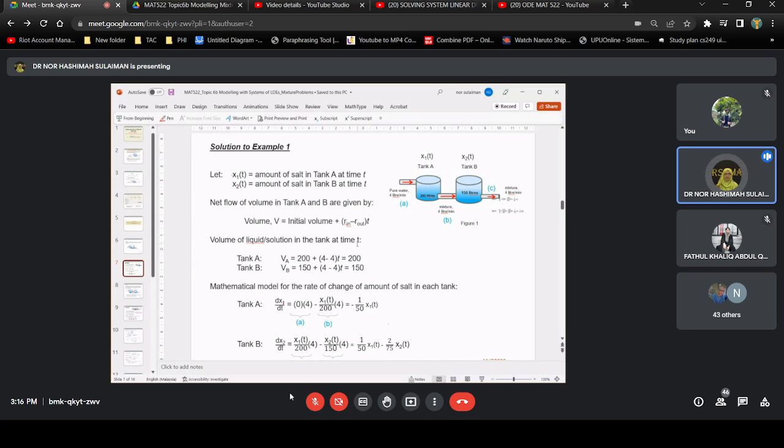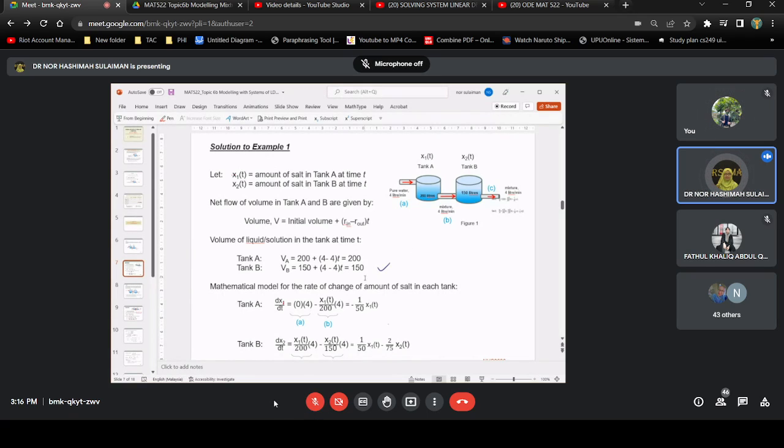Okay, alright, so nak tahu dia punya volume, initial volume tambahkan rate in, rate out. Definitely tak ada perubahan lah, sebab rate in dia 4, rate out dia 4. So dia akan jadi macam ni lah. Straight away boleh ambil je volume yang asal ni, 200 liter. Volume dalam tank B adalah 150 liter. Okay, boleh faham setakat ni?